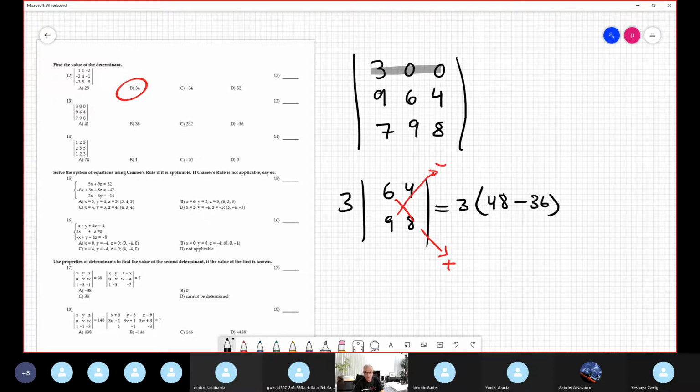This is 12, 3 times 12 is 36. Boom. Final answer. So you take advantage in real life: you select the row or the column that contains more zeros in order to simplify the computation of the determinant.